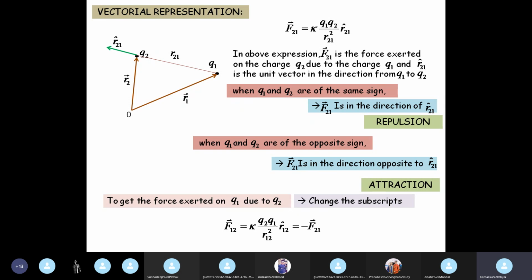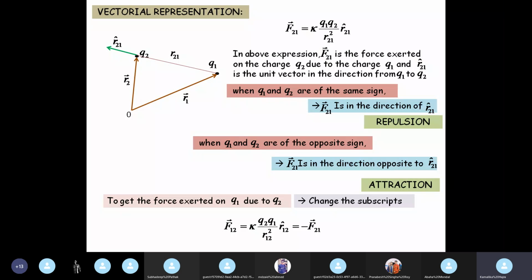So the force on q2 due to q1 is directed just opposite to the force on q1 due to q2. When you are calculating the force between two charges, you have to keep in mind that you have to state which charge is acting on which charge. You have to state the force due to this on that or due to that on this, because the two have the same magnitude but different directions.